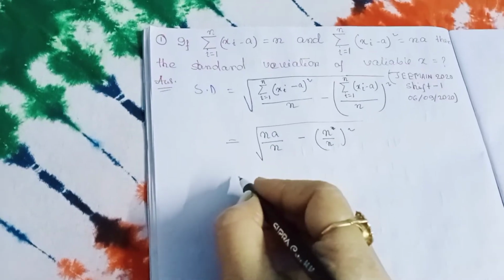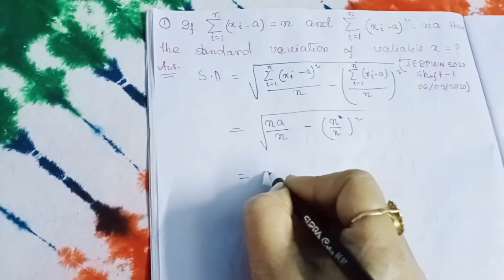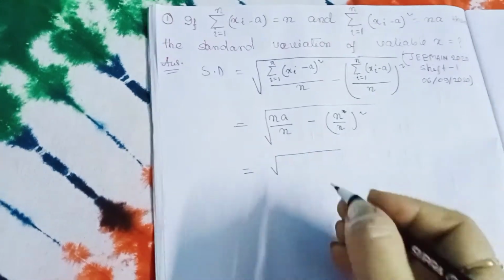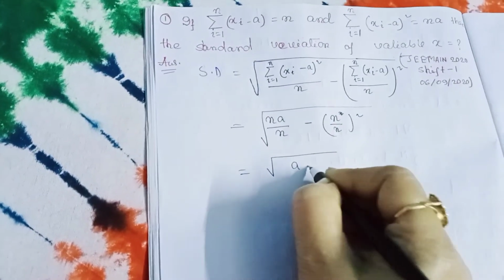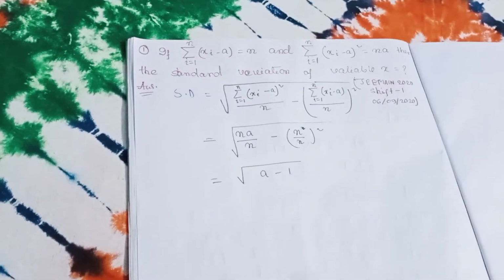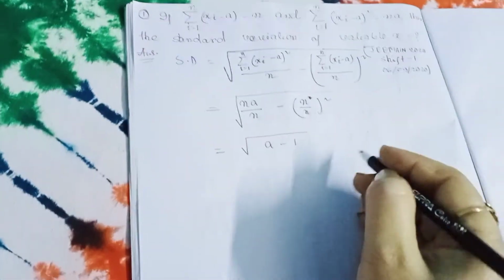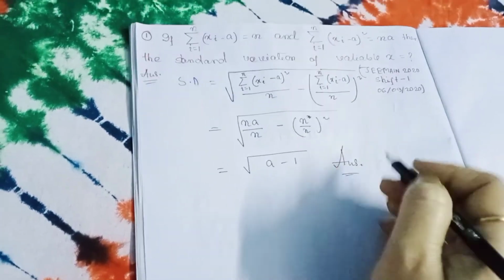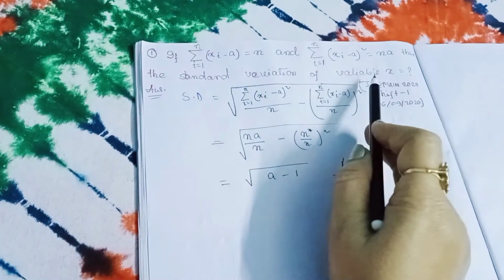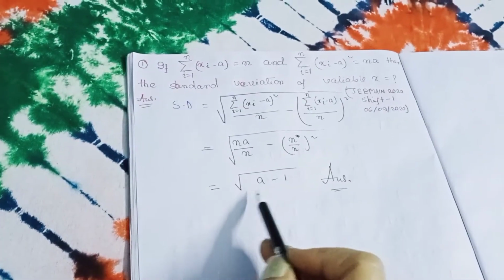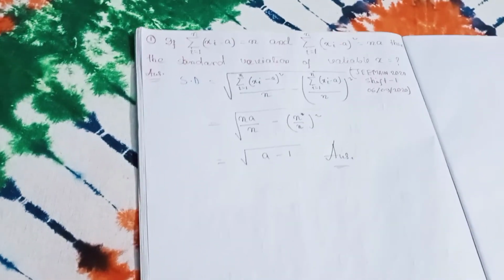So this becomes root over, n is cancelled off and n is cancelled off, so it becomes a minus 1. And this is our required answer. This is a simple statistics type question. As the question asks the standard deviation of the variable x, so the standard deviation of the variable x is equal to root over a minus 1, and we reached.